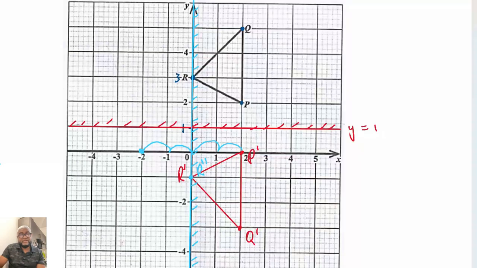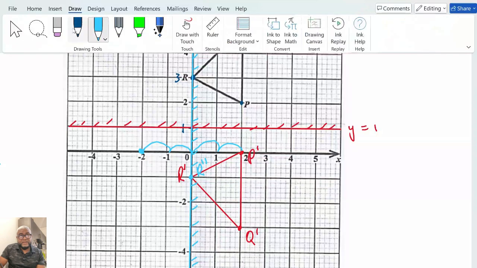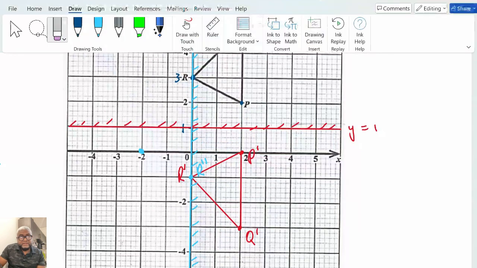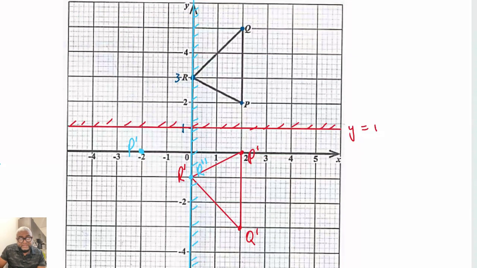Everybody good with that? Let's do our next point now. This is P double prime, by the way. So let me get Q double prime: 1, 2, then 1, 2 away. Q double prime. So we go down this way and this way.